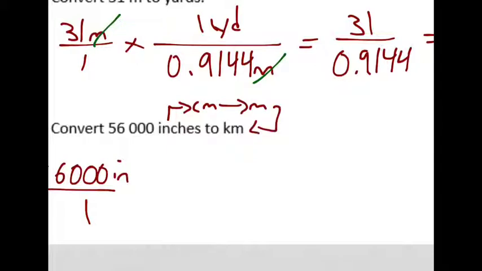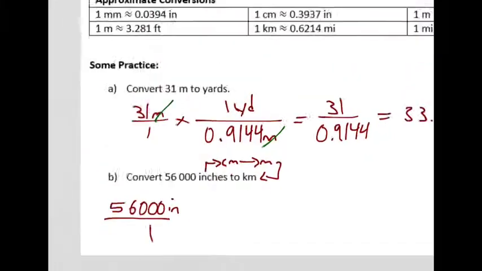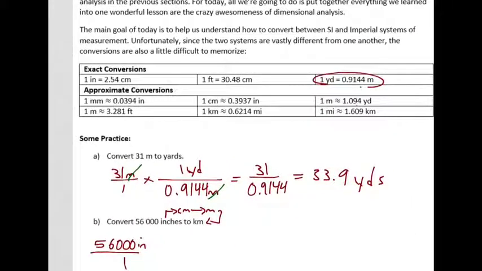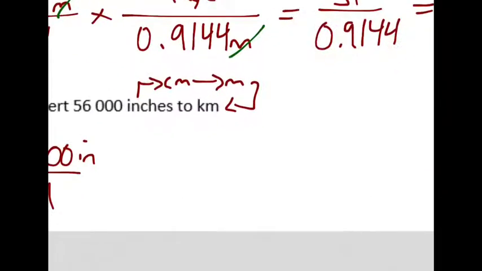You could just go inches to meters. Can we go inches to meters? Do we have that? No, we don't. Keep in mind we could also do this. Watch this. So you suggested going straight into SI and then all the way to kilometers.